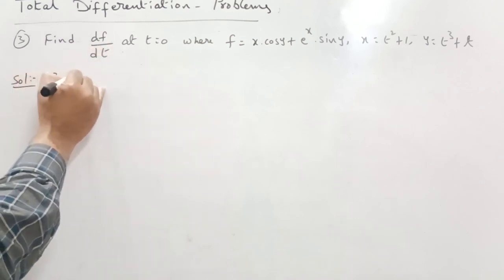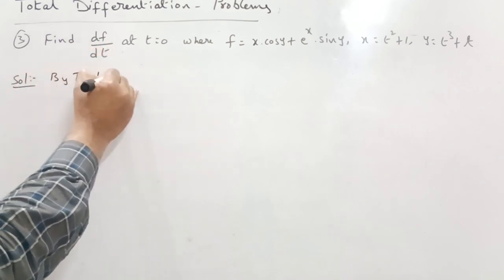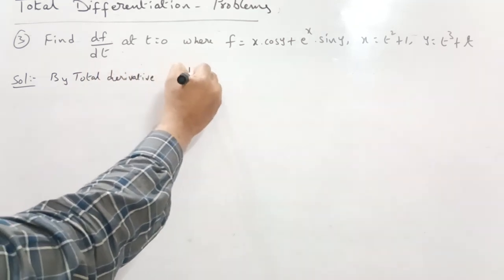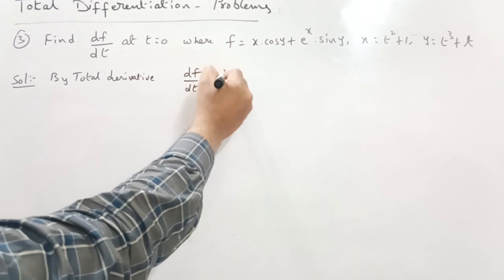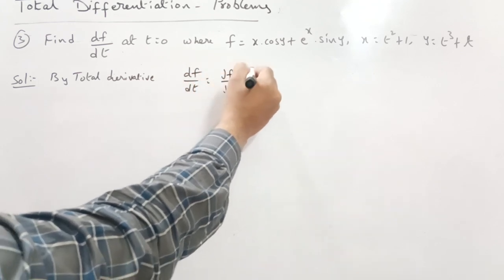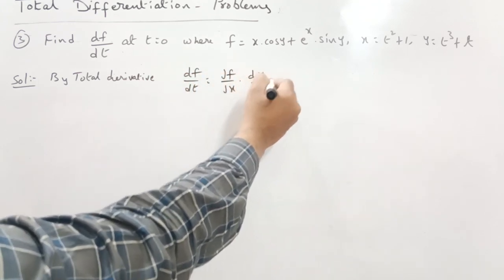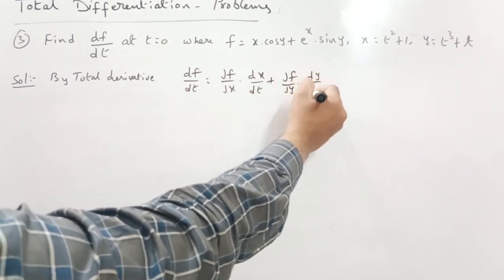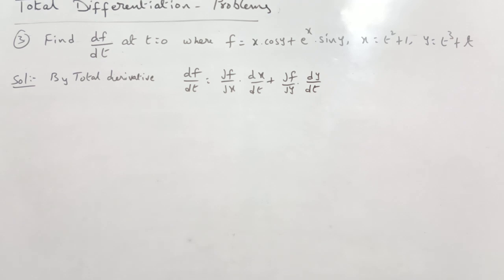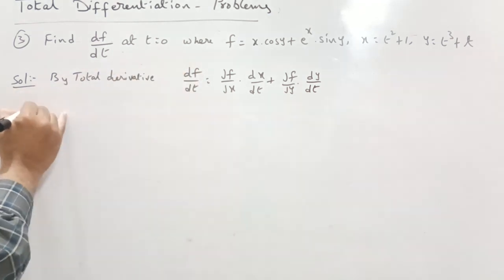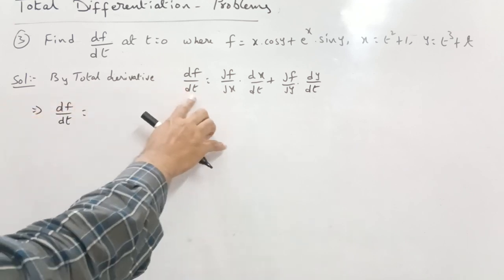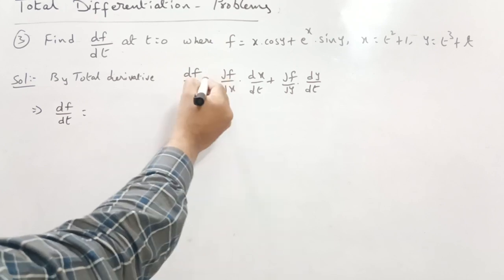So by total derivative, df by dt is equal to dou f by dou x into dx by dt plus dou f by dou y into dy by dt. This is the formula.